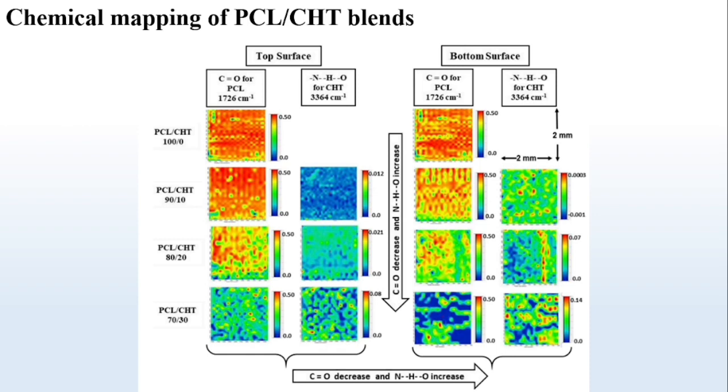This trend, consistent with ATR-FTIR spectral comparisons, suggests no microscopic phase separation in PCL chitosan in the materials with ratio 90-10 and 80-20, but possible segregation in PCL chitosan in ratio 70-30, where chitosan contents appear higher on the bottom surface. The non-homogeneous distribution of PCL and chitosan at the micrometer scale on the bottom surface of the PCL chitosan 70-30 further indicates the segregation, like I mentioned before.